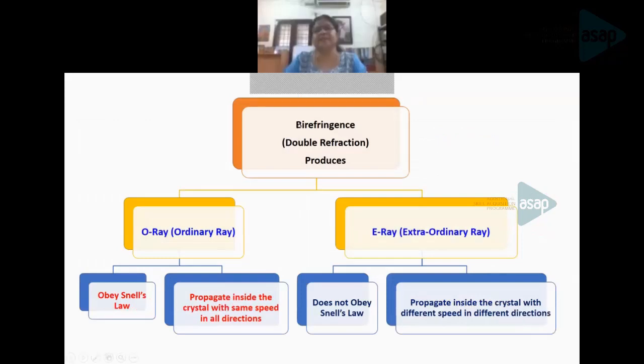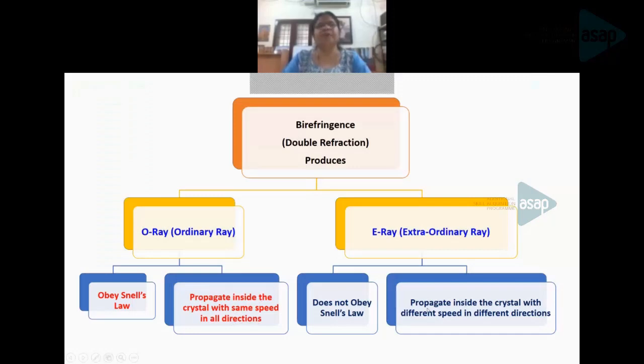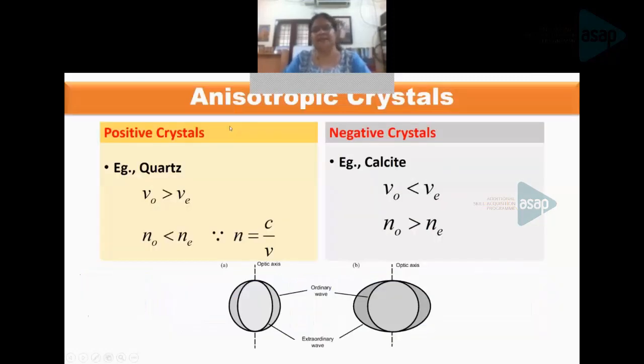So in general, we can say that birefringence produces two different rays. One is the ordinary ray and the other is the extraordinary ray. The ordinary ray always obeys Snell's law of refraction, whereas the extraordinary ray does not obey Snell's law of refraction. Now, another property: the anisotropic crystal itself can be classified into two groups, that is positive crystal and negative crystal.